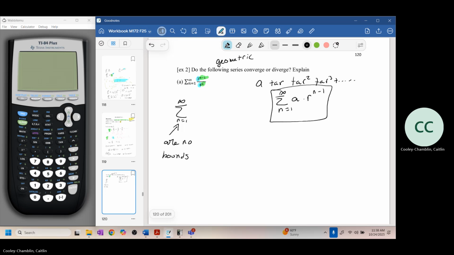Okay, so we have 3 to the n minus 1 over 4 to the n. Well, my top is a number to the n minus 1 power, but the bottom is not. It's just to the n. So let's rewrite this.